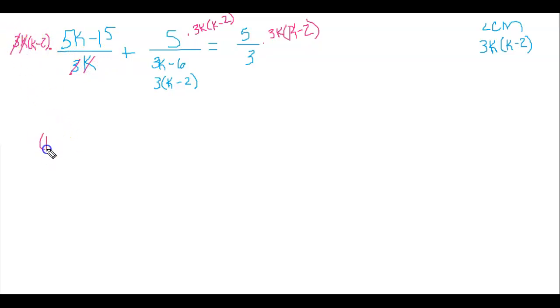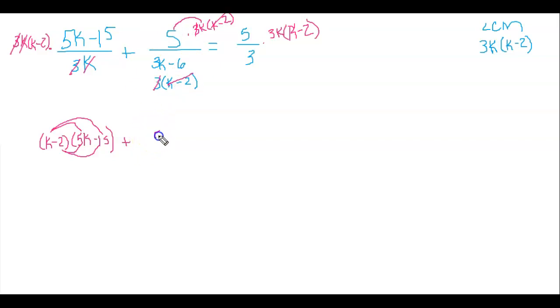So I end up with k minus 2 times 5k minus 15. I'll multiply that out in a second, because don't forget, if I have a binomial times a binomial, I do have to double distribute or use your area model. So I'm going to hold on to that for a second. Here I'm going to get my 3 to cancel and my k minus 2 to cancel, but I've still got a k.